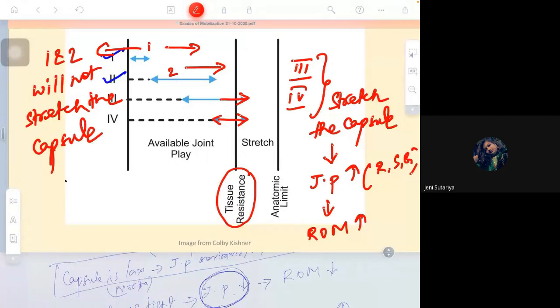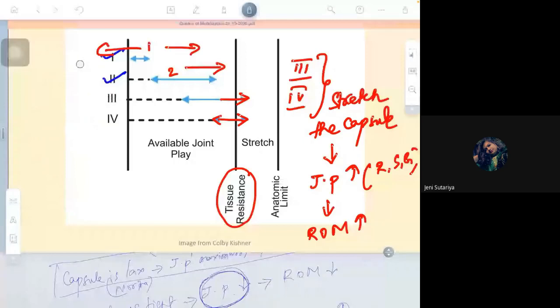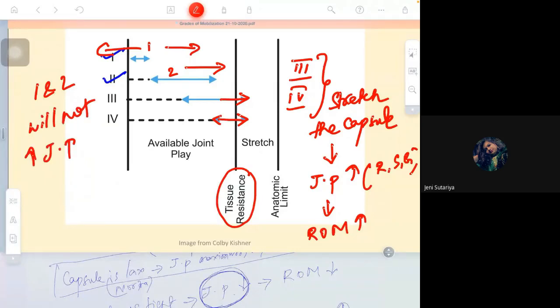When the capsule itself is not stretched, the joint play will not increase. In other words, grade 1 and grade 2 mobilization does not increase joint play. If joint play is not increased, range of motion will not increase.